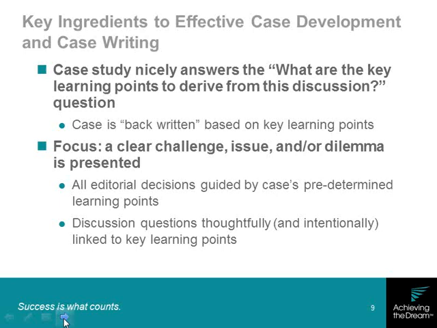Often this is a clear challenge, issue, or a dilemma where you're able to describe this dilemma and describe a character or a real person or group of people who have faced this. So again, these are all kind of the classic template for the case study, and as you're going along, if you come to different ideas, we're certainly open to that.